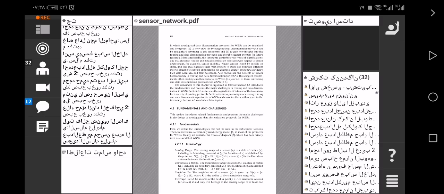For example, energy efficiency, low delay, high data accuracy, and fault tolerance. Also shown are the benefits of sensor heterogeneity in routing and data dissemination for WSNs.